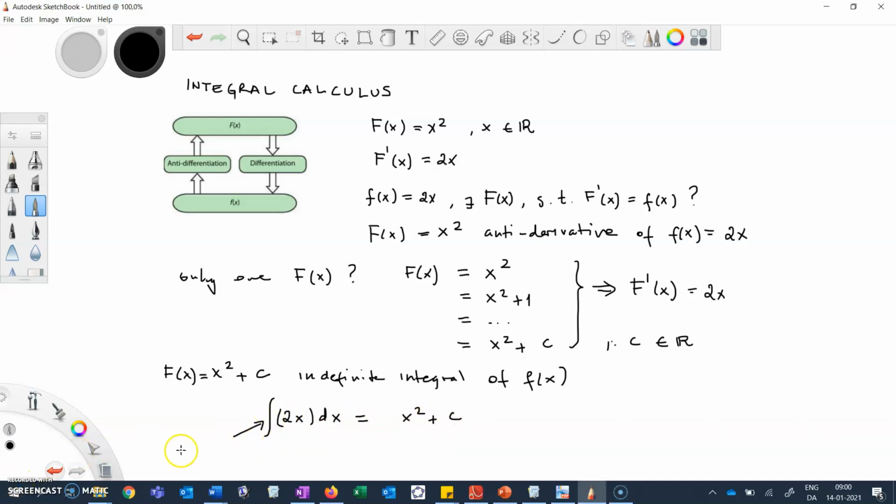We call this symbol the integration symbol. It's actually a symbol that reminds of an S, and the S stands for summa, that in Latin is just the sum. 2x is the original function that we also call the integrand. dx is the variable of integration.